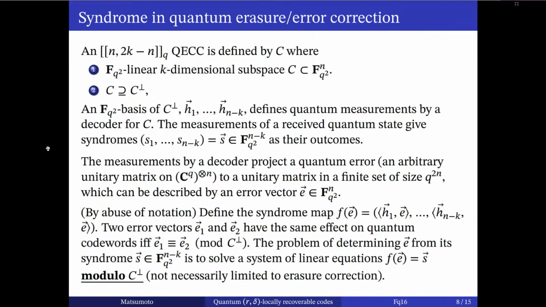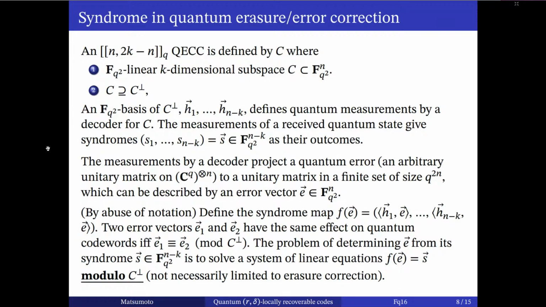Okay? Here, we talk about some quantum error correction. In order, we review some details about quantum error correction. Suppose that we have a linear code C defining a quantum code. Then, here H1 to H_{n-k} is the basis of C perp. Then, these basis vectors define quantum measurements by the decoder for C. Then, measurement of a received quantum state gives the syndrome, which is a finite field vector, as the outcome of the quantum measurement.